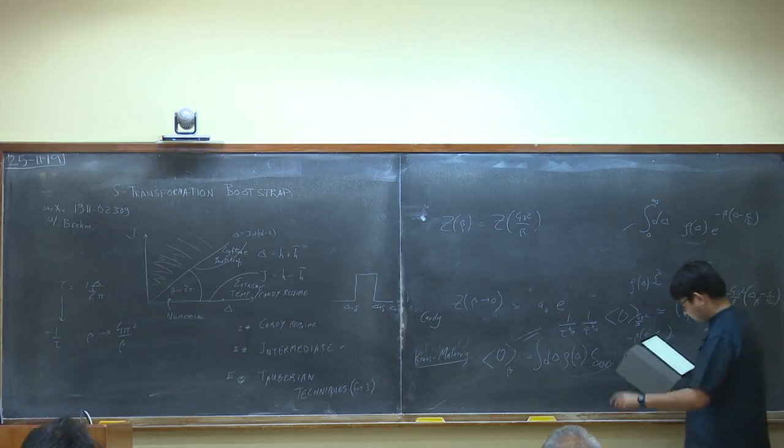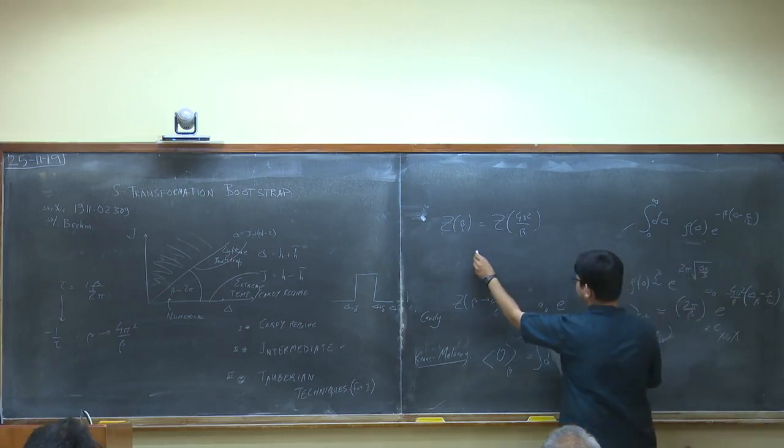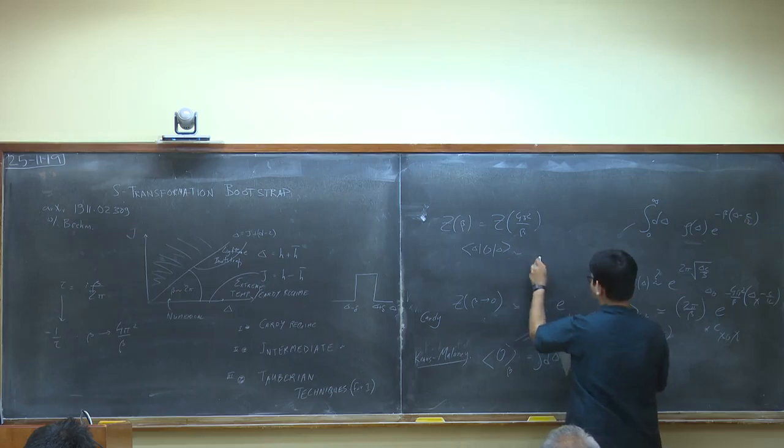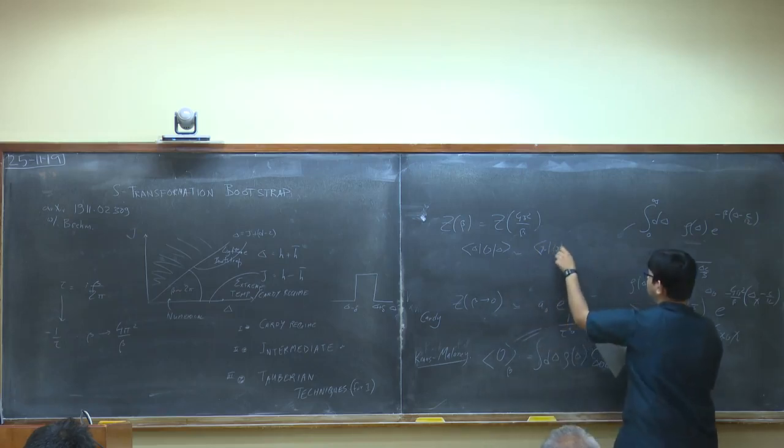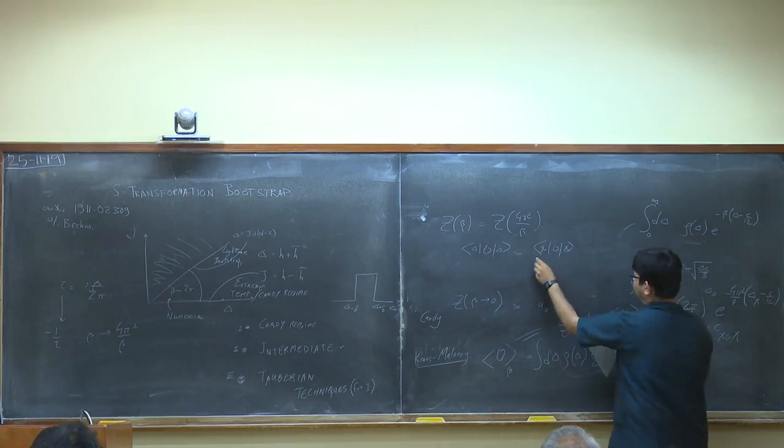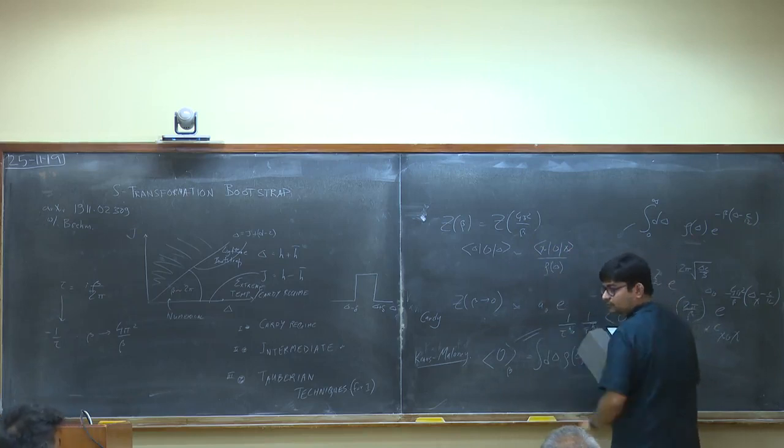So I'll just write down the result. So this result for C delta O delta is proportional to, of course, chi, you divide by this rho delta.